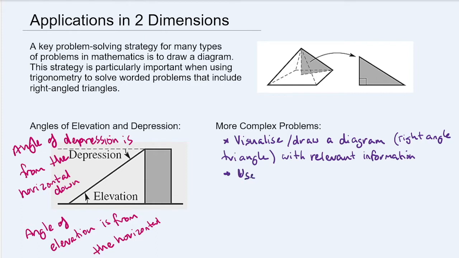Then we want to use trig ratios to find the unknown. So whatever it is that we're trying to find, let's use the appropriate trig ratios in order to do that.